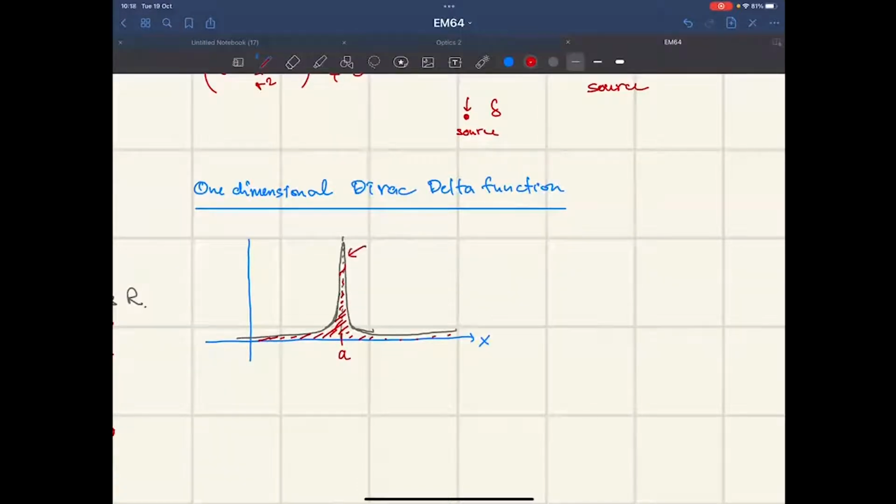The area under this curve is always equal to 1, which means the integration from minus infinity to infinity of the Dirac Delta function dx is equal to 1.